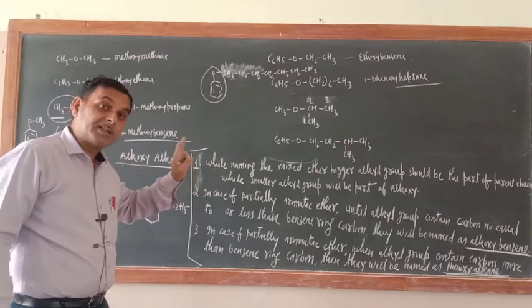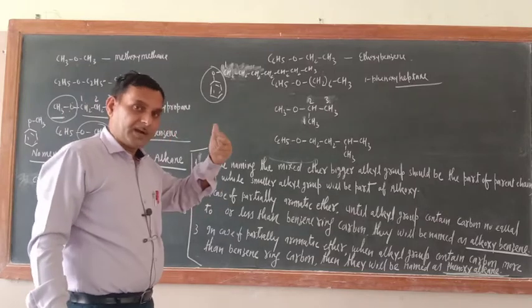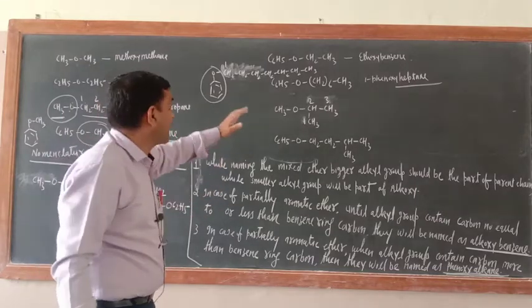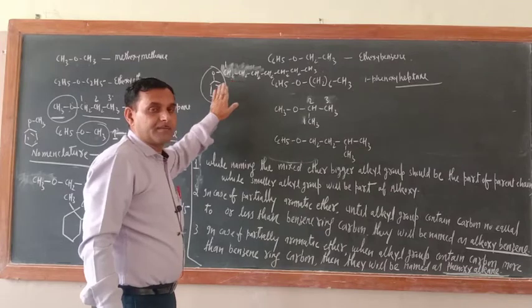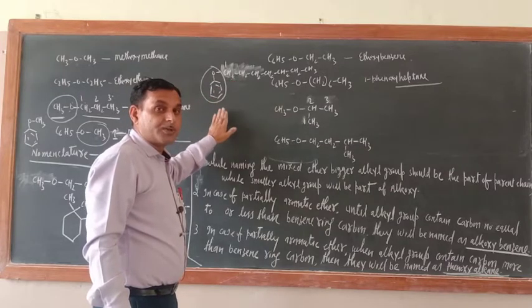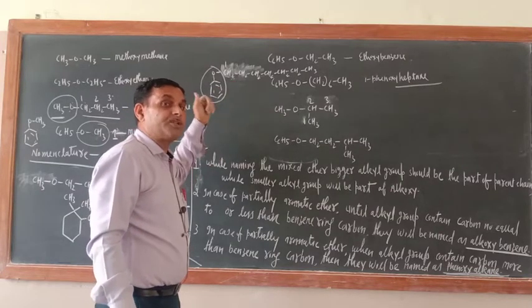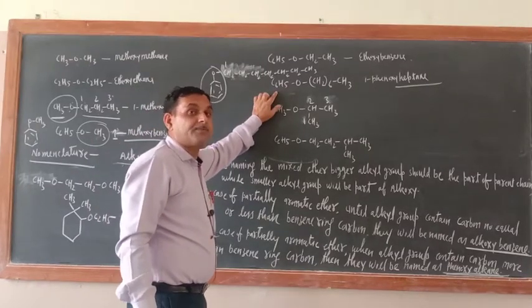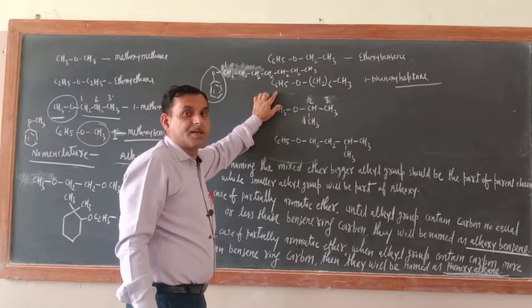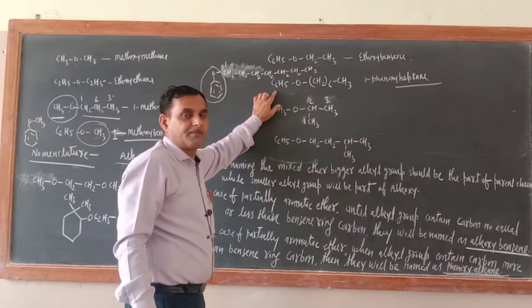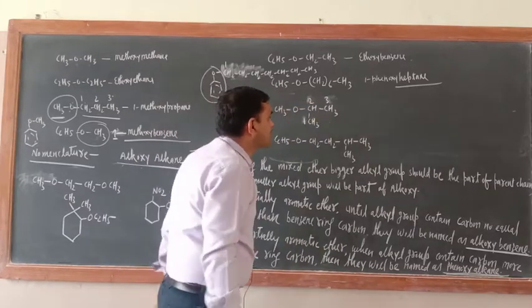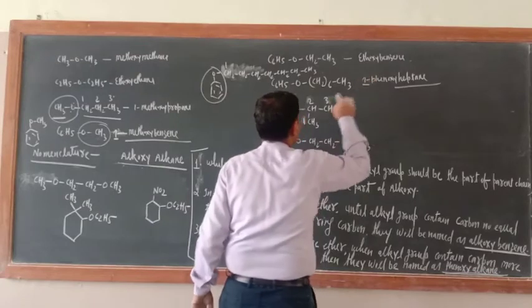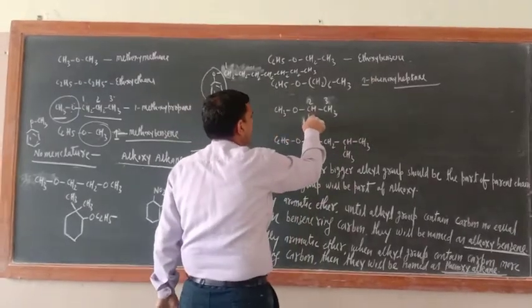But the moment the alkyl group contains more carbon atoms than benzene, they will be the part of the parent chain, and the benzene ring will be the part of phenoxy, like alkoxy. Phenoxy is the correct word, just like alkoxy, phenoxy. So this is 1-phenoxyheptane.